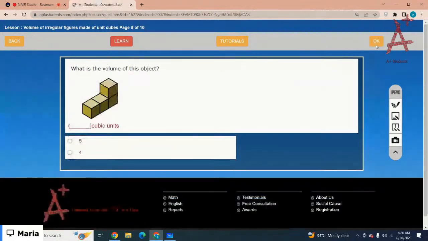What is the volume of the object, which is the correct option? 4. So the correct option is 4.